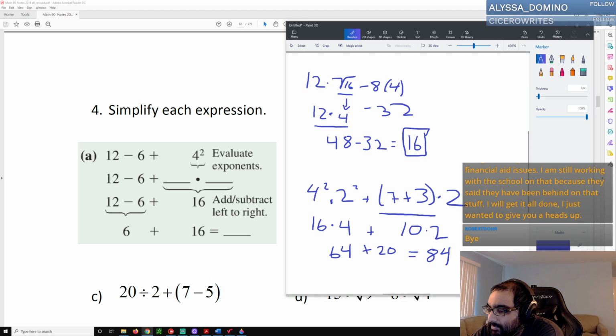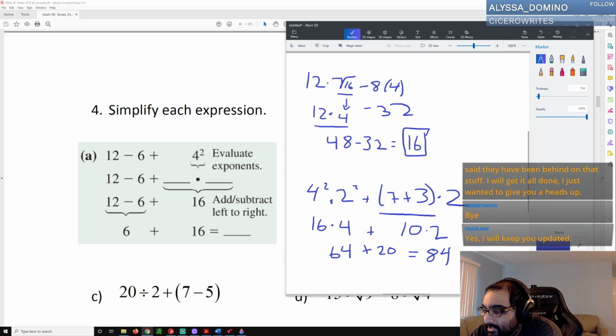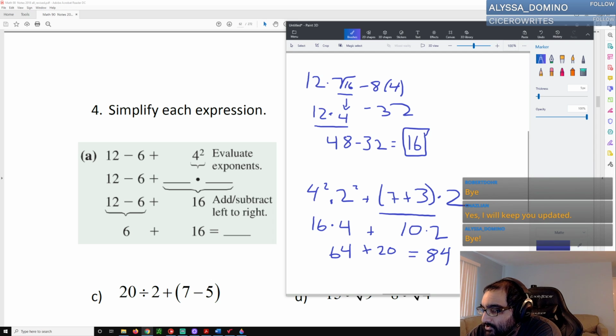Basically, if worst comes to worst, because of financial aid and all the nonsense, if you need it right away, Carissa, I'll just buy you a code out of my own pocket, and you can use that. I'll just pay for the code out of pocket, and that'll be it. I know you want to get started, or if you've made a temporary account at the very least, until you get the access code.